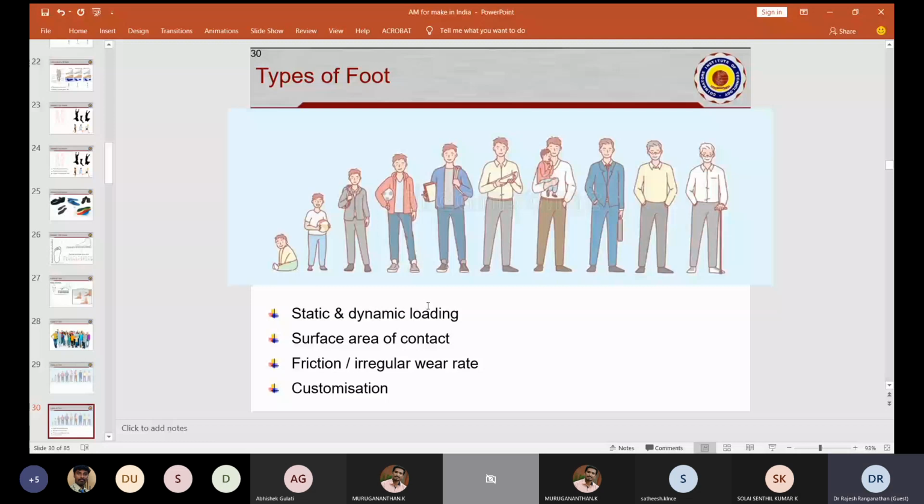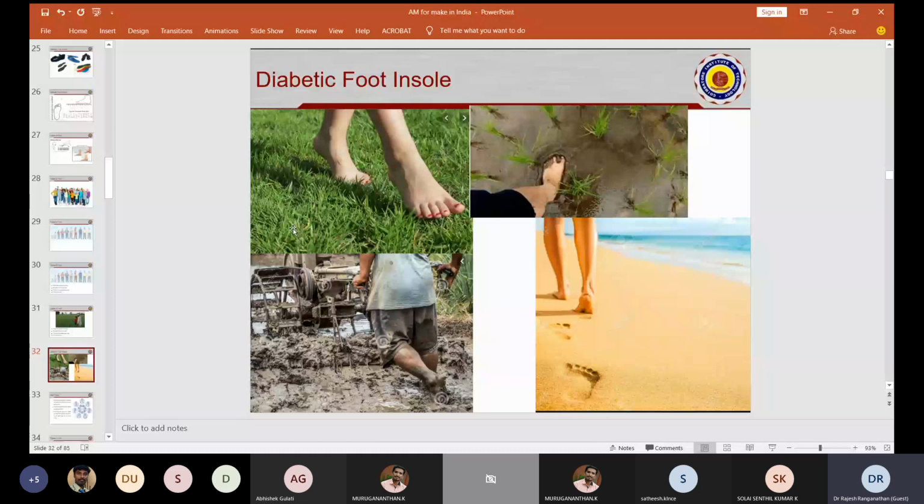People might have a question: my grandfathers or great grandfathers, they didn't bother about anything to do with footwear, so why are we suddenly looking into these parameters? But if you look at it, during the early days, they were all into farming or they walked barefoot. And when they walked barefoot, they walked on surfaces like mud, a flexible surface underneath their foot.